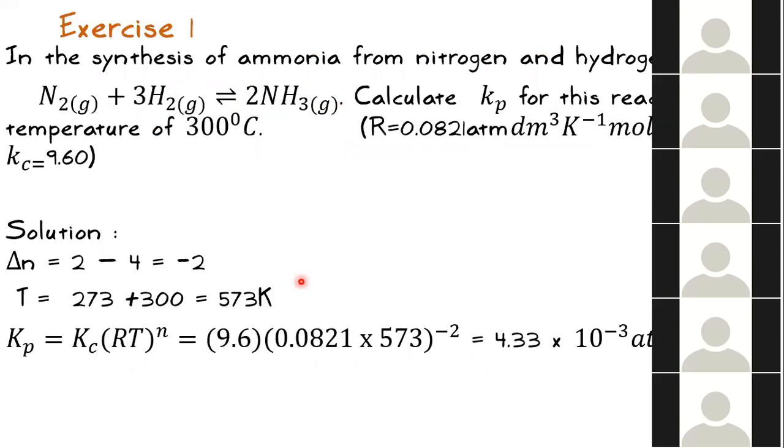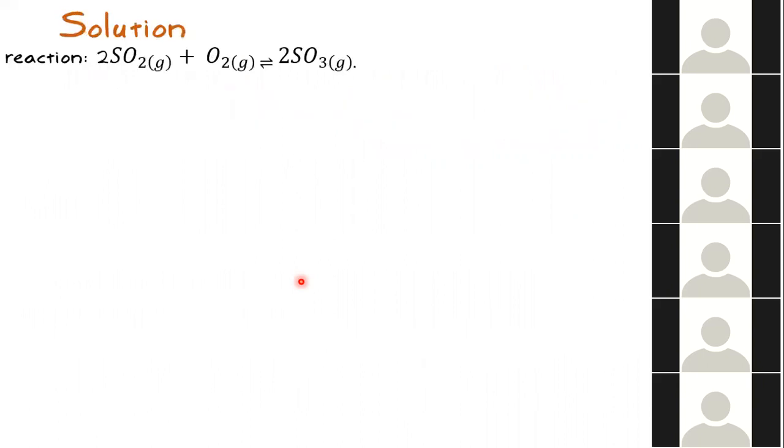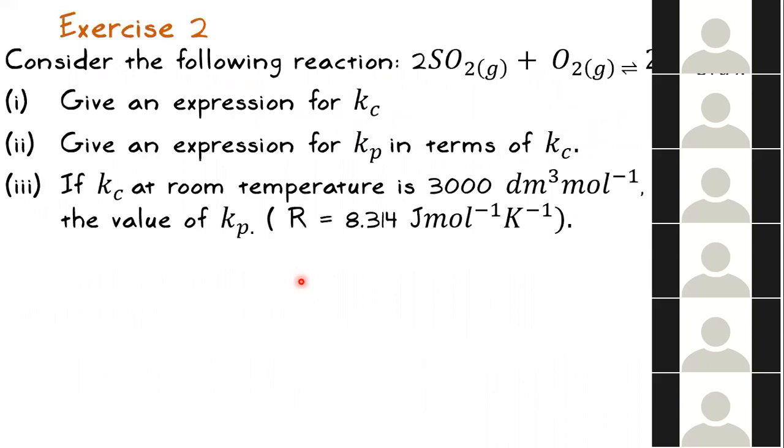So when you come to our problem here, our Kp should be equal to Kc to brackets RT, then the delta N stands for the change in number of moles. So here it should be product minus reactant.